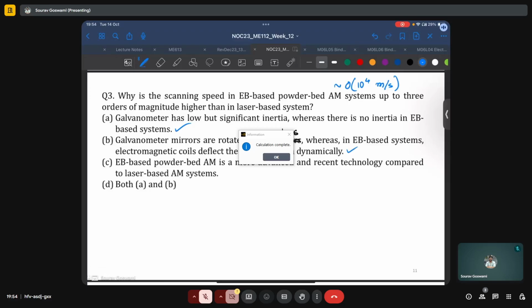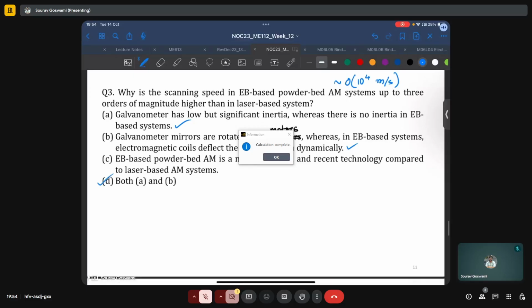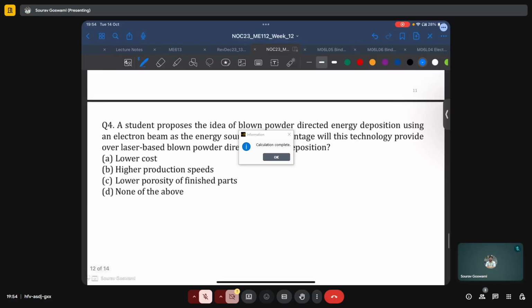However, the more recent nature or being more sophisticated and advanced has nothing to do with the scan speed. And in fact, electron beam based welding may as well have been founded before laser based processes. And so options A and B are correct while C is wrong.